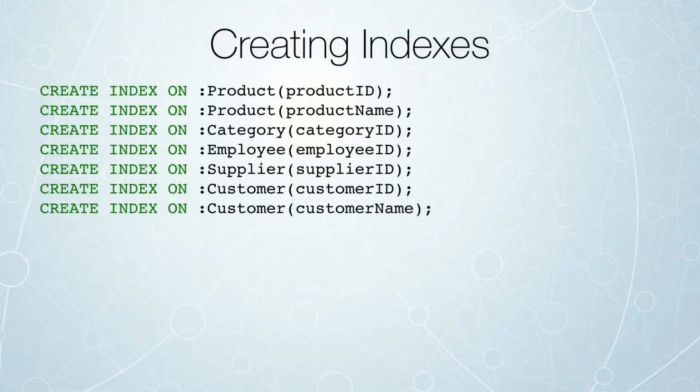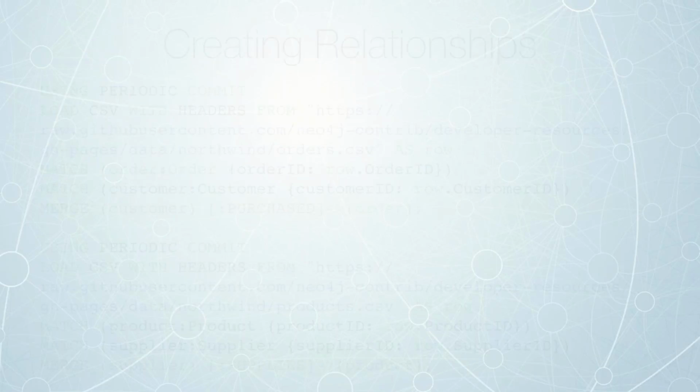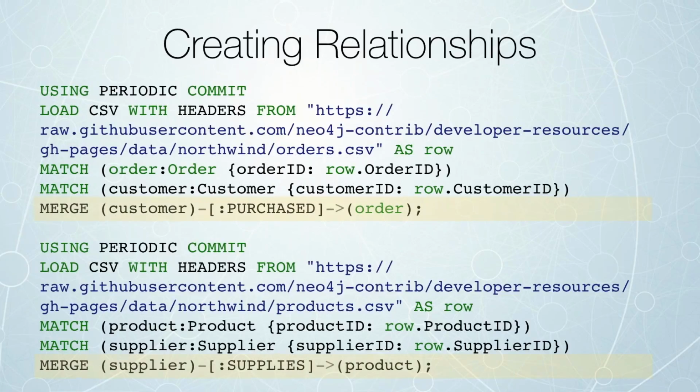These are primary key indexes. Unique constraints can be created as well to ensure the customer ID is unique, for instance. This makes looking people up by the customer ID or employee ID or product name very simple. And then you create the relationships. Creating the relationships is a matter of finding the nodes in your existing database.